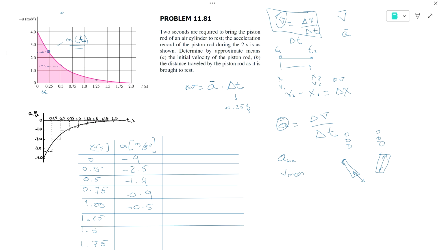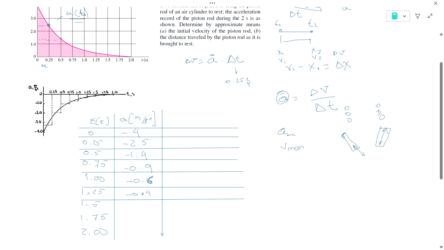Is that 0.4 maybe? So yeah, let's do this one is 0.6 and this one is 0.4. Okay. Then we need to do the next one, which is that, and this one, which is that.